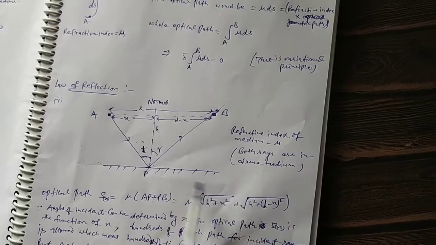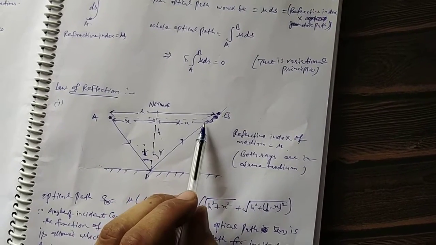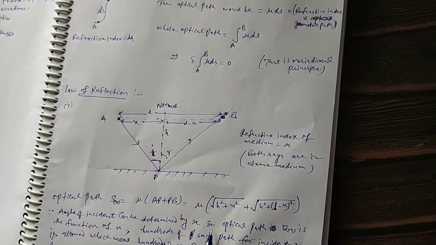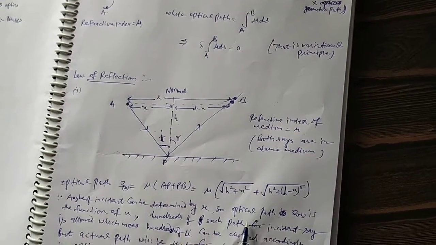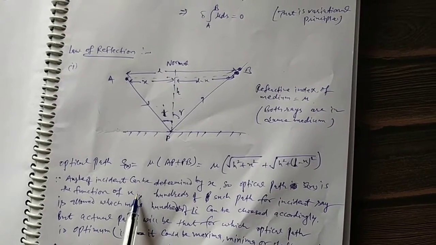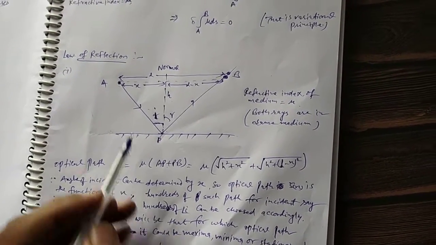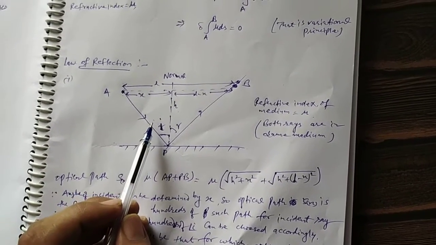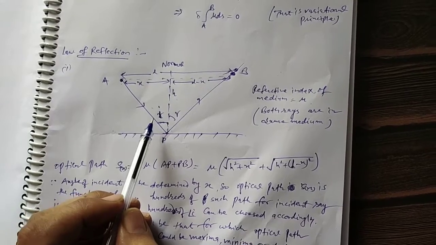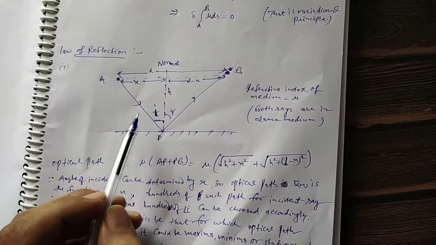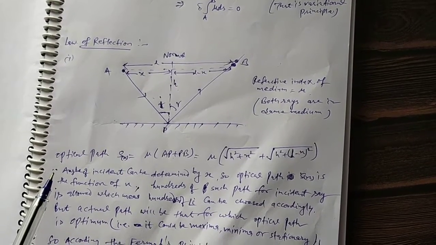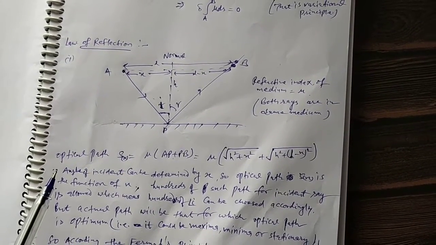Similarly, this can be written in this triangle. So the angle of incidence can be determined by x. So the optical path S(x) is a function of x. Hundreds of such paths are allowed, but the path chosen by the ray will be extremum, which means maxima, minima or stationary.